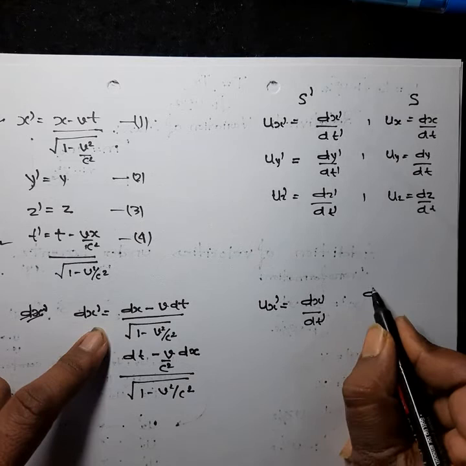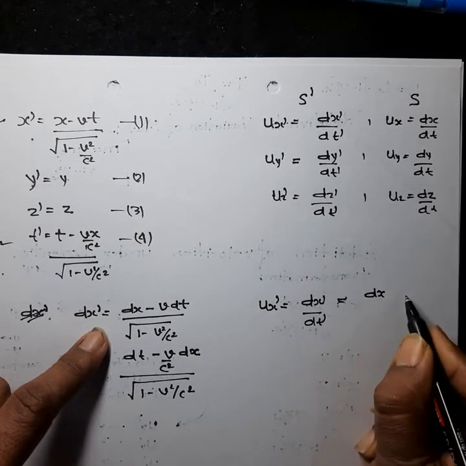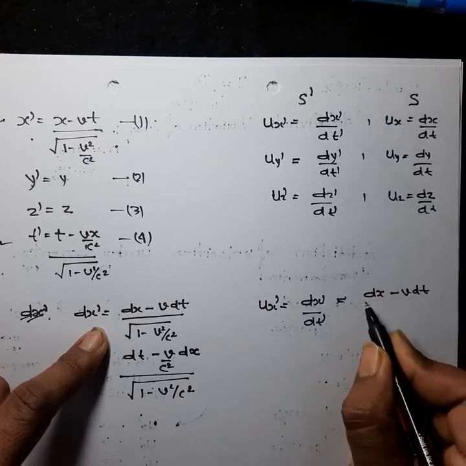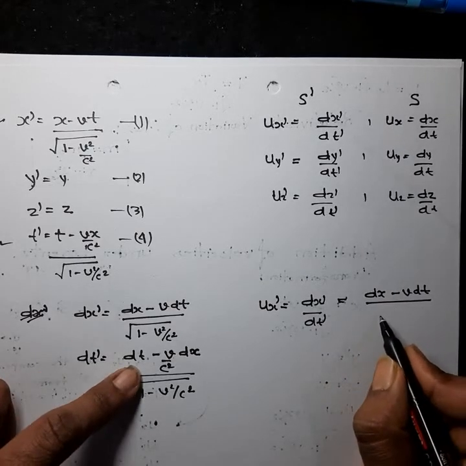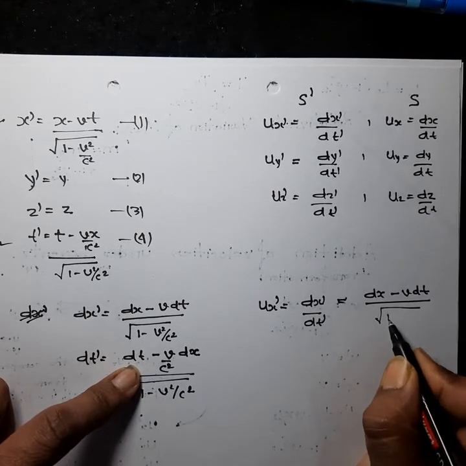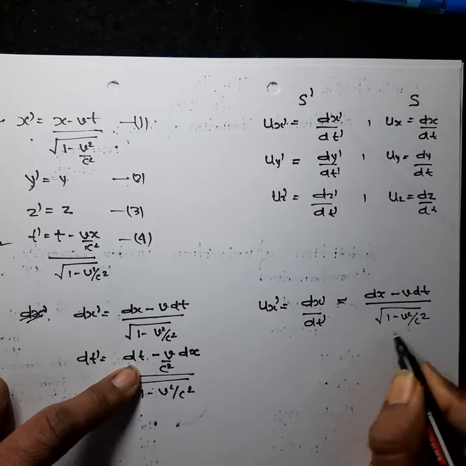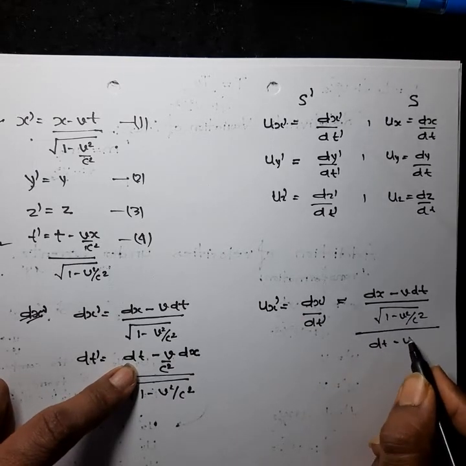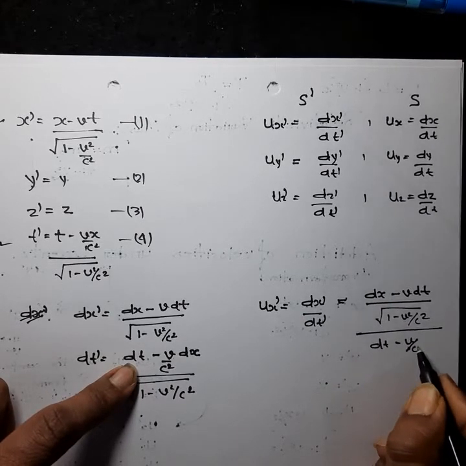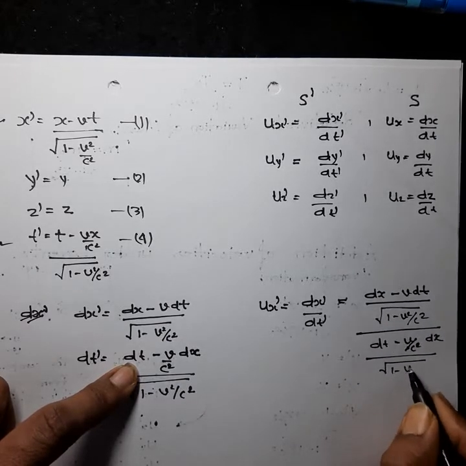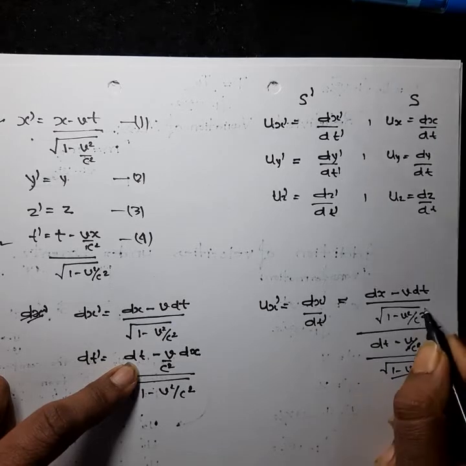So you can write dx minus v dt divided by square root of 1 minus v square by c square, divided by dt minus v by c square dx divided by square root of 1 minus v square by c square. This will cancel each other.